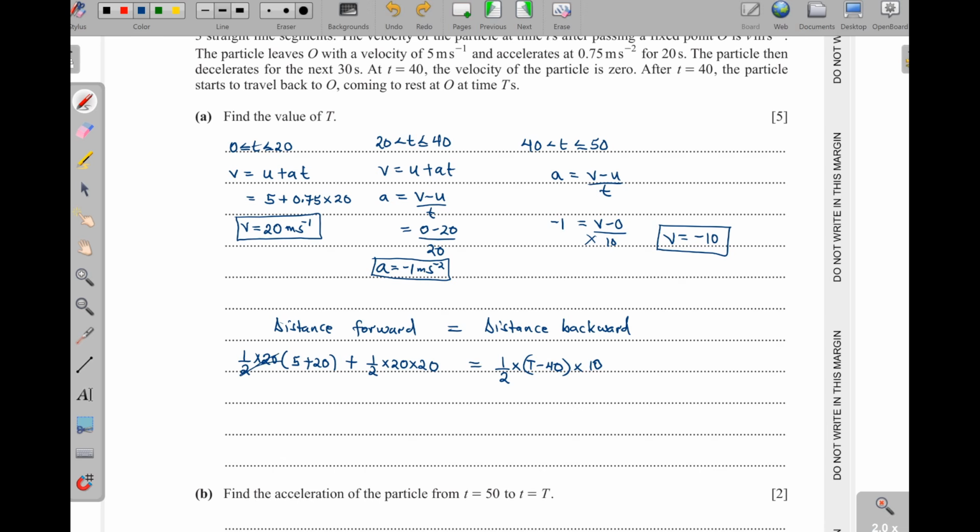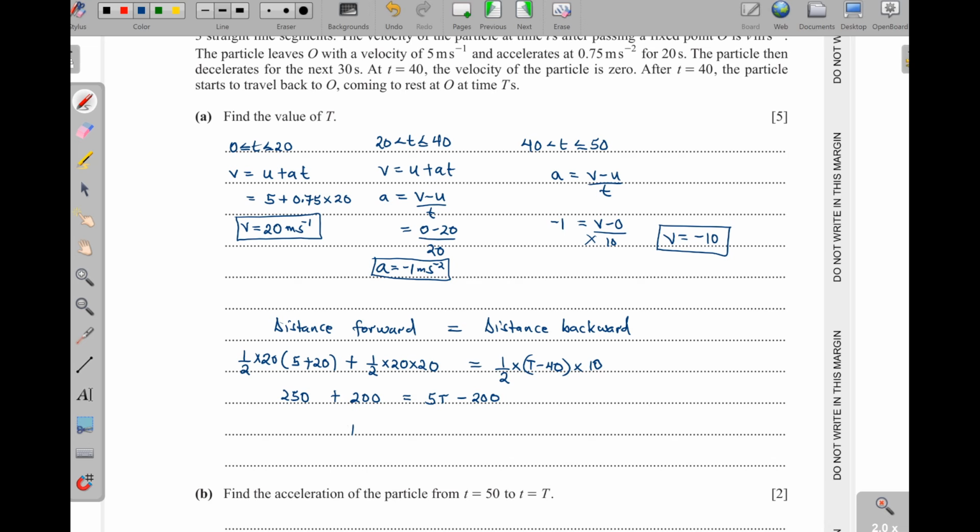Okay, now what do we get here? This is 10, then times 25, that will be 250. And then this is 400 divided by 2, you will get 200. Then here, this will be a 5. So we have 5t, then minus 5 times the 40, we shall get 200.